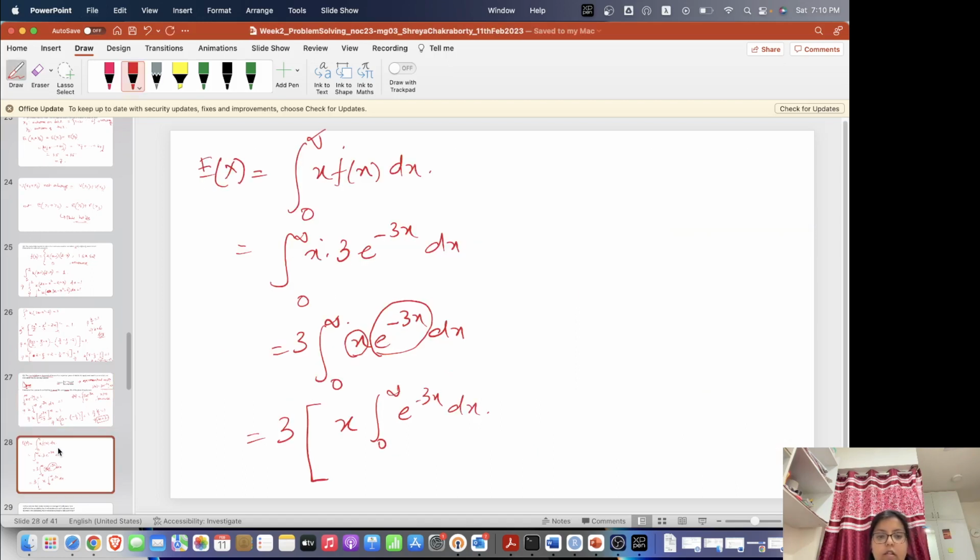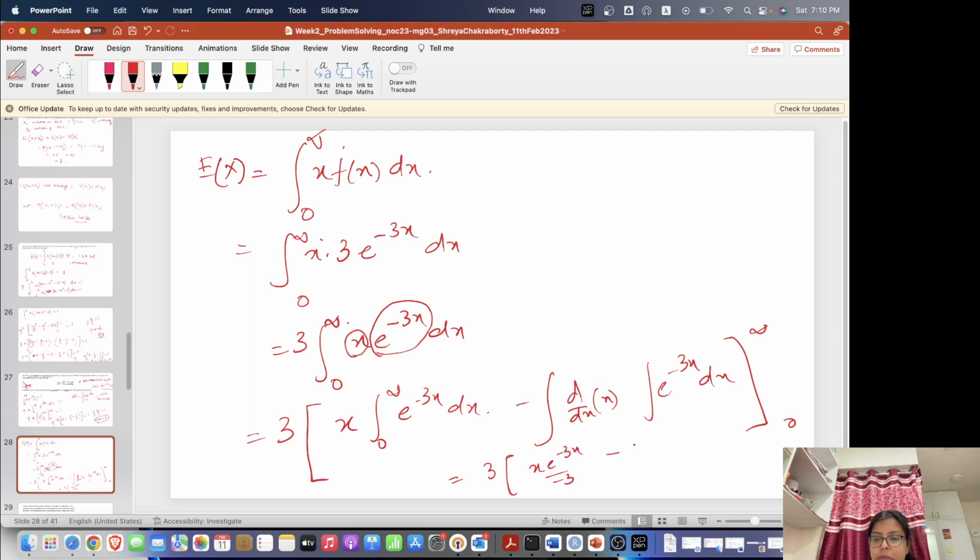Yes, ma'am. Okay. So here we just have to use simple integration formula, x into integration of v dx minus integration of d dx of x into integration of this one dx, whole thing should be evaluated from 0 to infinity. If you solve this one, you will get 3 into x e to the power minus 3x by minus 3 minus integration of e to the power minus 3x dx by minus 3, 0 to infinity.